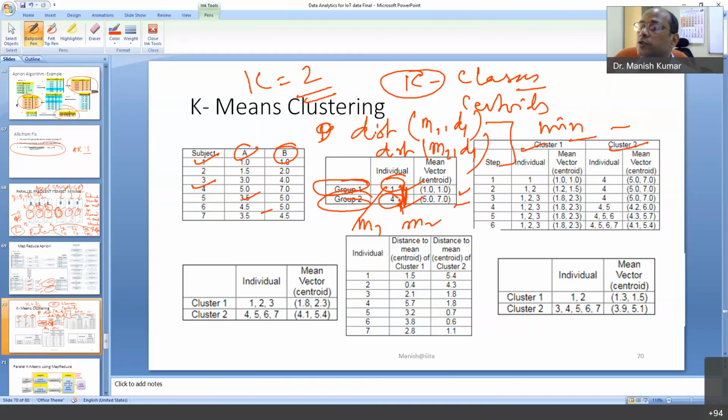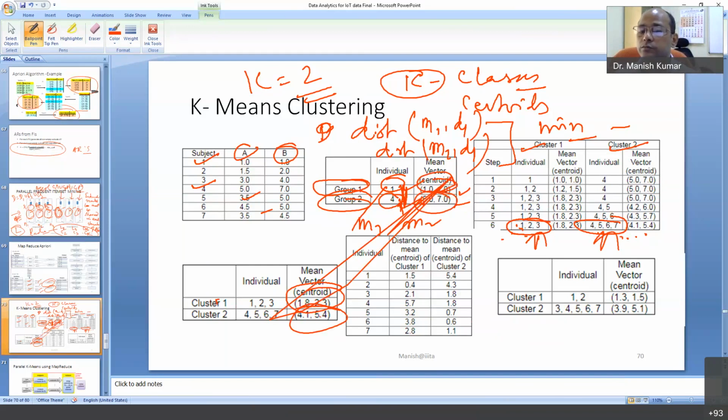So with this fundamental, if you see cluster 1 and cluster 2, then you will find that in cluster 1 we have 1 2 3, whereas in cluster 2 we have 4 5 6 7. Once you have this distribution for k-means, we go for averaging the means. So you'll get cluster 1 in this, and now the mean is this. The previous mean was this, now the next mean is this.